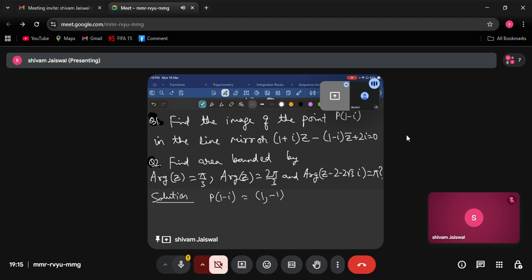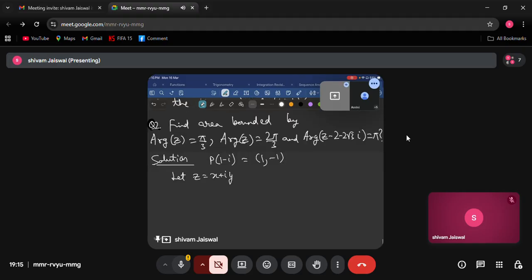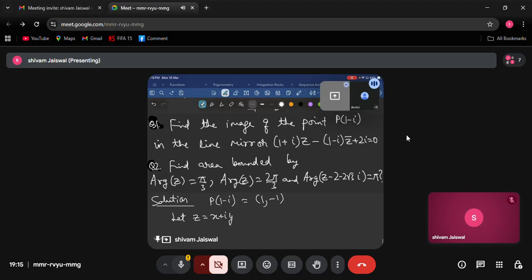So let us convert it into Cartesian form.